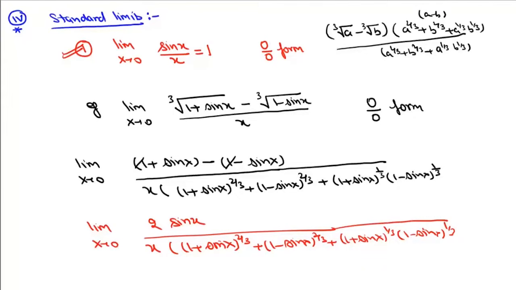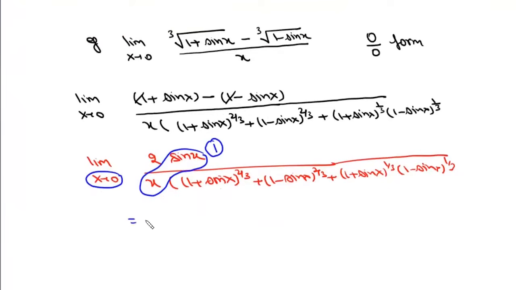Now here we see this x tends to 0 and sine x upon x, which is standard limit, and we know that value of the standard limit is 1. So we'll put the standard limit as 1 and we'll use direct substitution in the denominator. So we'll get this limit as 2 into 1, and if we put x as 0, sine x is 0, and if sine x is 0, it will be simply 1 plus 1 plus 1.